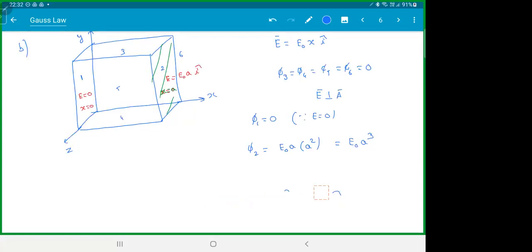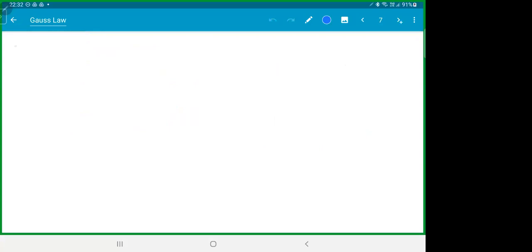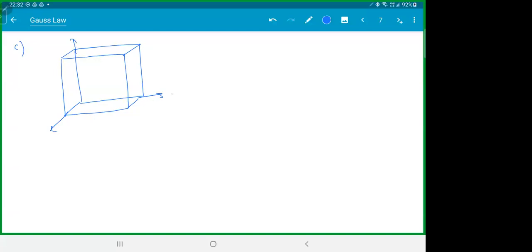So for the third part, let's take like this. Flux due to the first plate, second plate, third, fourth, fifth, and sixth.